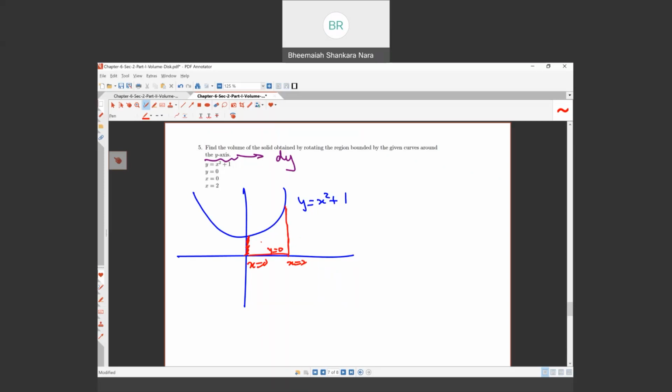But x equal to 0 can be extended further. And to find the points of intersection, let's try to solve these lines so we know where exactly the line cuts this parabola.